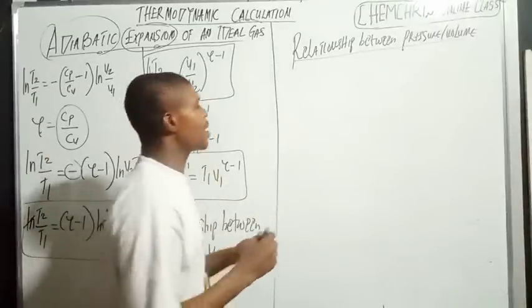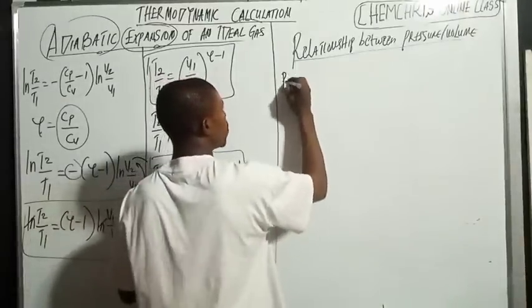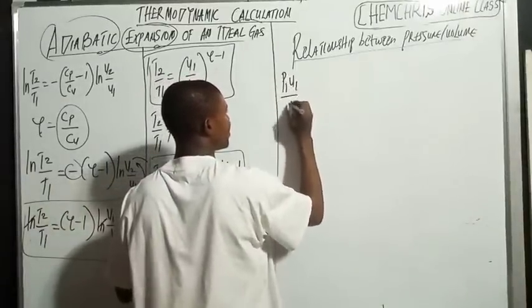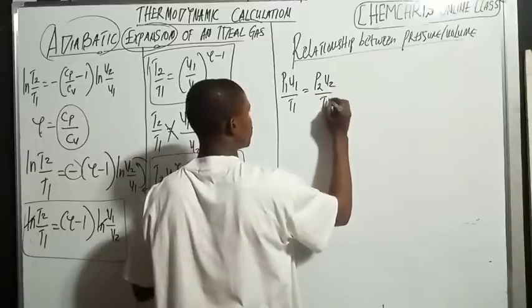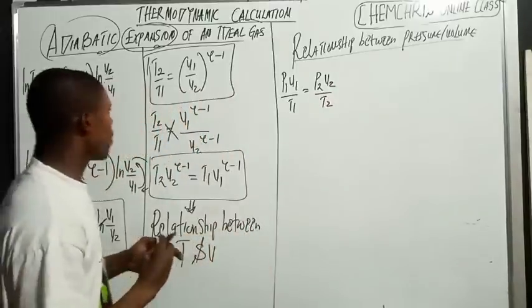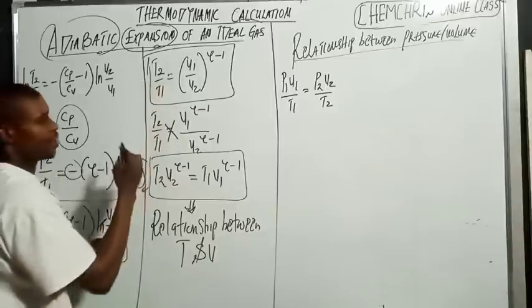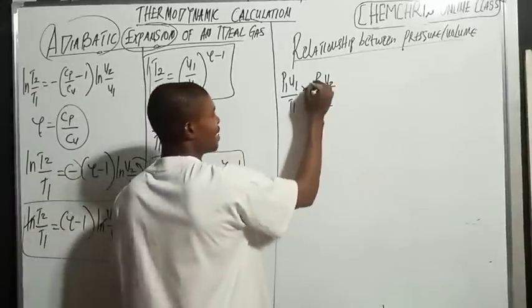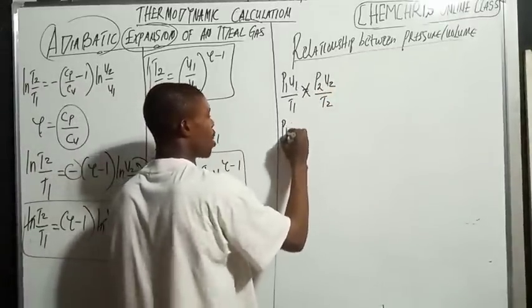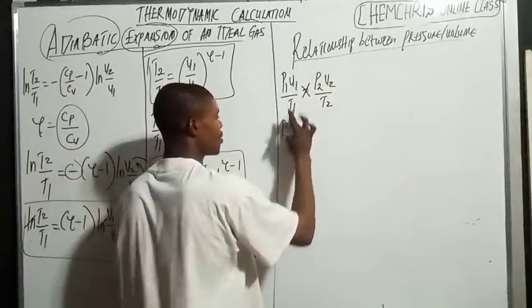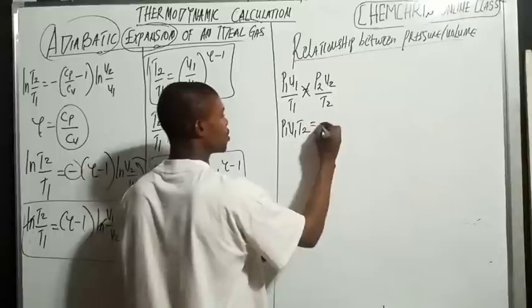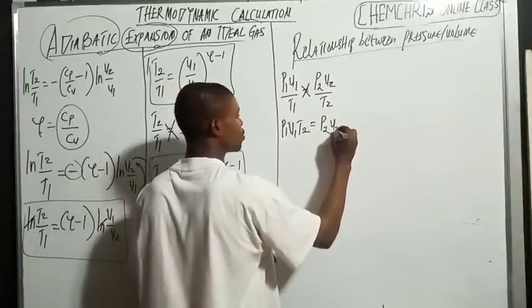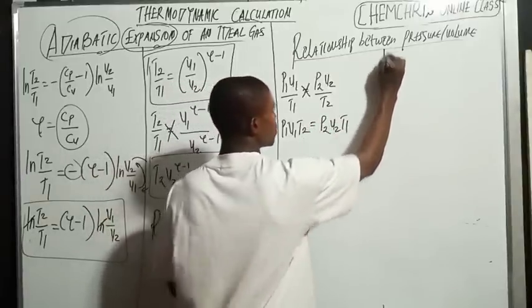In the general gas equation, you have P1 V1 over T1 equals P2 V2 over T2, right? So now we want to reduce to that point. If I cross multiply, here I have P1 V1 T2 equals P2 V2 T1, right?